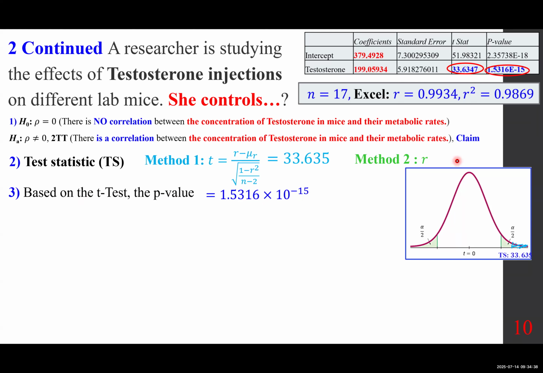And here's method 2. R is 0.9934 from Excel. With n equal to 17 and alpha 0.05, from the Pearson correlation table, R is plus or minus 0.456.